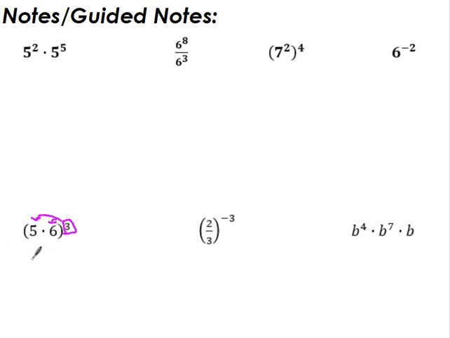So really this is 5 to the 3rd power times 6 to the 3rd power. I can just leave it there. I'm done. Or I can figure out 5 to the 3rd and I can figure out 6 to the 3rd, and then I can multiply those two numbers. But it's just distributing this 3rd power to both pieces on the inside of the parentheses.